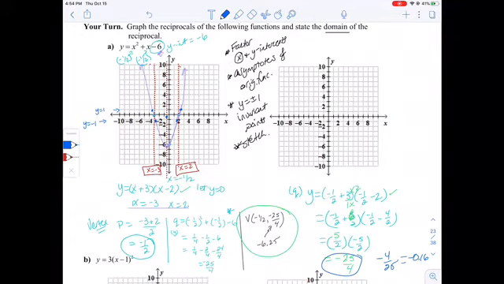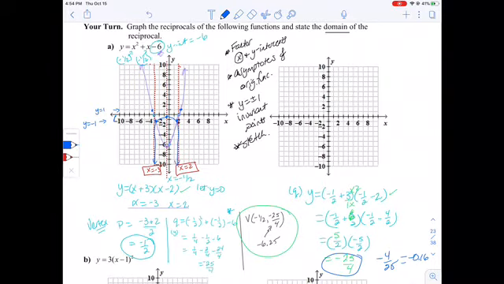And my invariant points are, of course, here and here, and so my graph, okay, the reciprocal of all these numbers between -1 and -6.25 would become bigger numbers, and then these little numbers between 0 and 1 become bigger numbers.